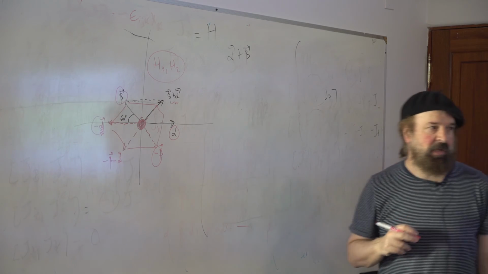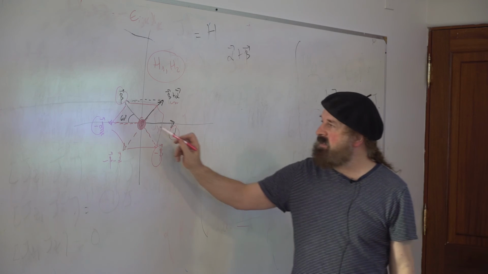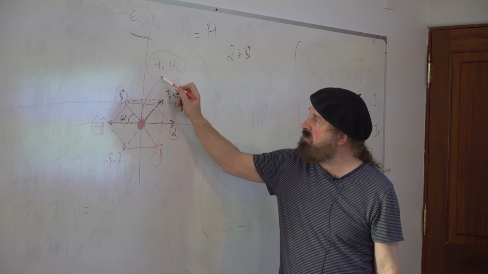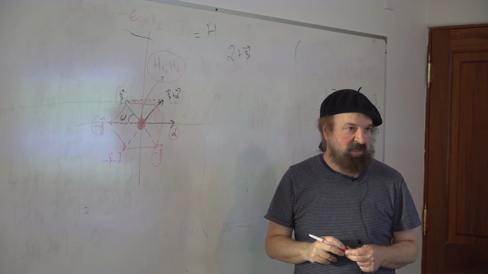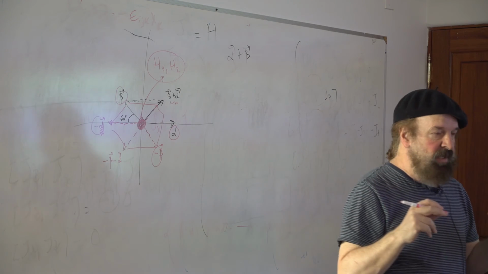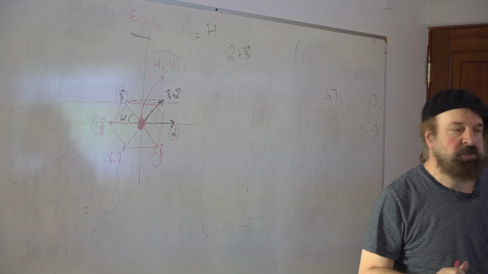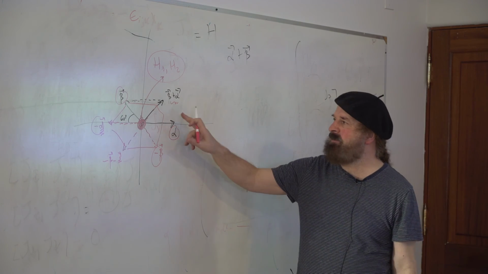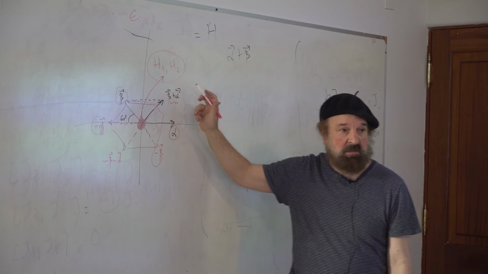Let's count generators. The Cartan generators, there are 2. They are the zeros, so the Cartan generators live here at the origin, and the other guys are the non-zeros. So they are a total of 6 plus 2, which is 8.